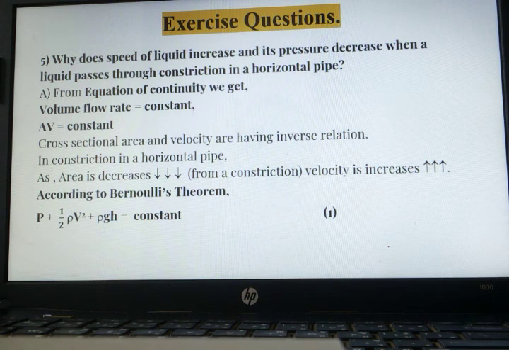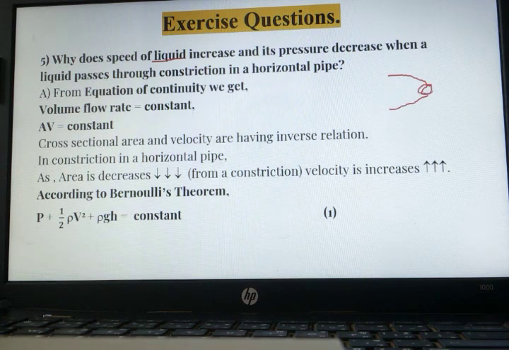Next one. Why does the speed of the liquid increase and its pressure decrease when liquid passes through a constriction in a horizontal plane? You might be knowing a constriction. Constriction means what? Again, a pipe which has been compressed.